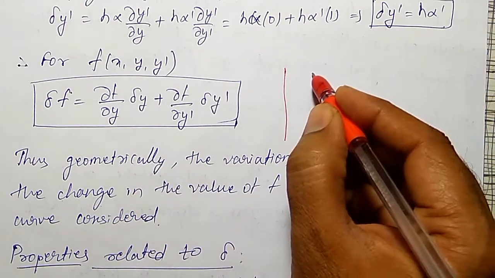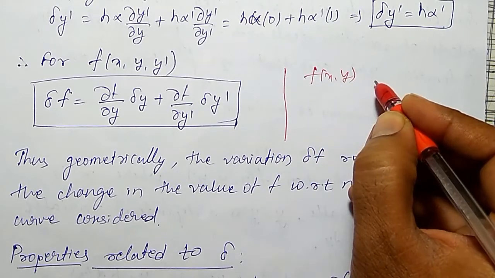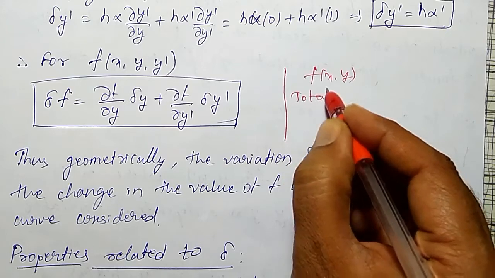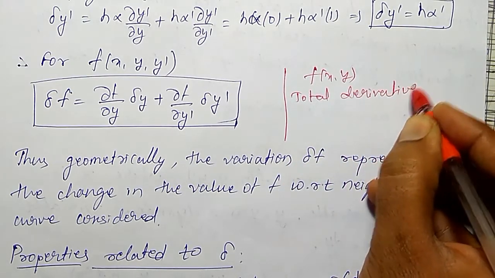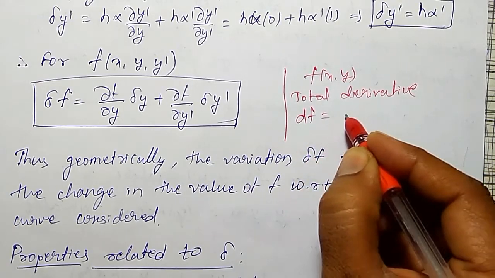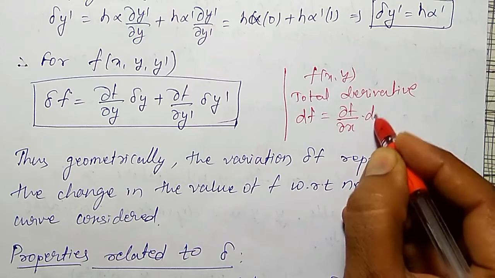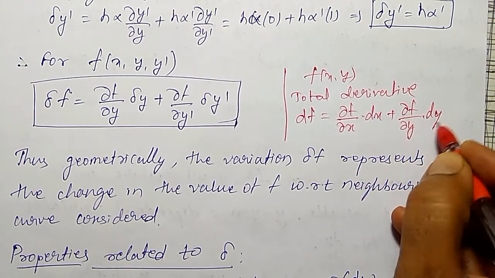If f of x, y is a function of x and y, then the total derivative df is given by ∂f by ∂x into dx plus ∂f by ∂y into dy.